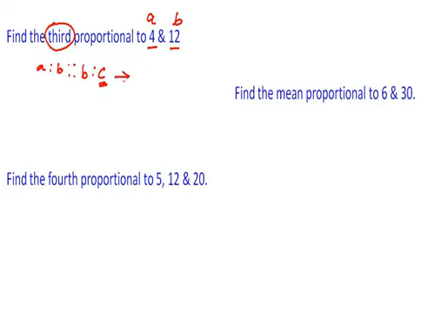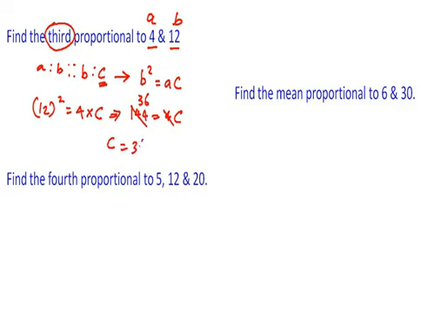And we know that this can be derived as B square is equivalent to AC. Now it's all about substitution. So 12 square is equivalent to 4 times C, which means 144 is equivalent to 4C. And if we simplify this, that's going to give us 36. So the third proportional value is 36. Let's go to the next question.